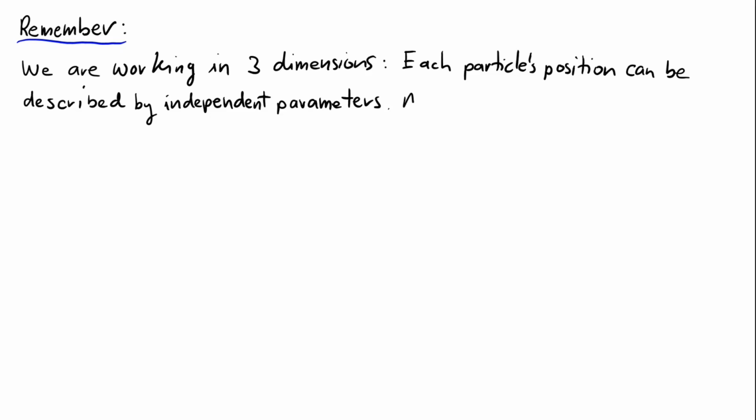A system of n particles needs 3n parameters for a complete description.